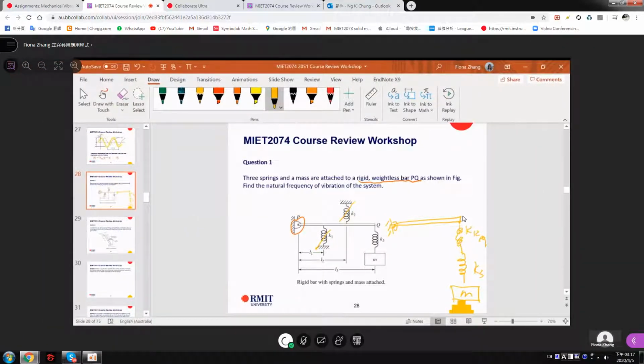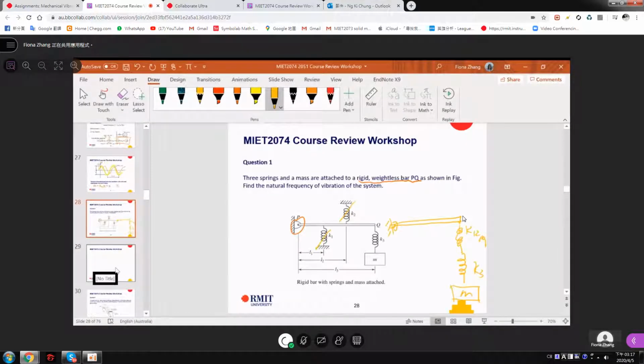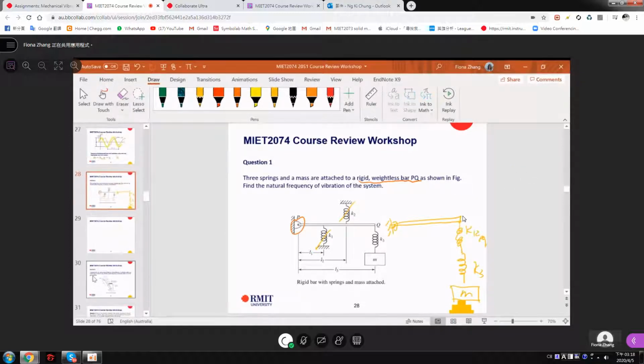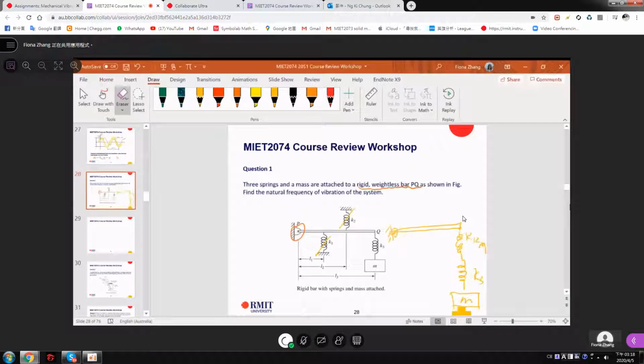So the problem here is to find how much K1-2 equivalent is, to replace K1 and K2. Here we can use the energy. Write it here, since there is enough space, so it's not necessary to add an empty slide.